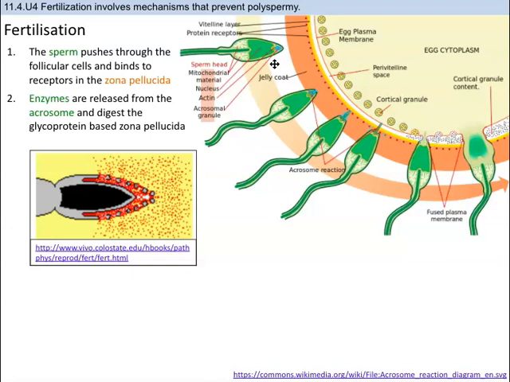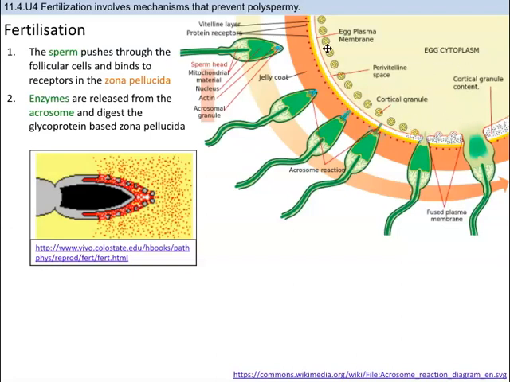And is used for what? It contains the enzymes that are used to digest and break apart the zona pellucida so that it can then have its membrane fuse with the egg's membrane and eject its genetic information into the cytoplasm of the egg.